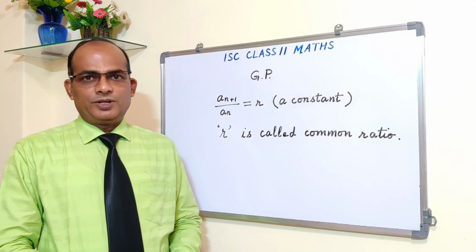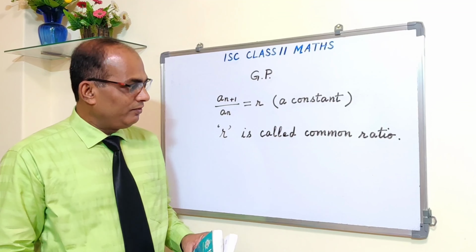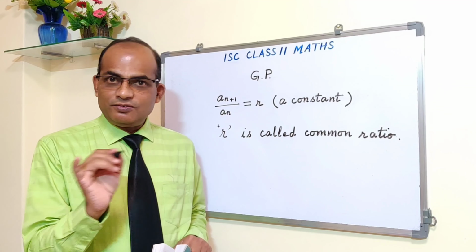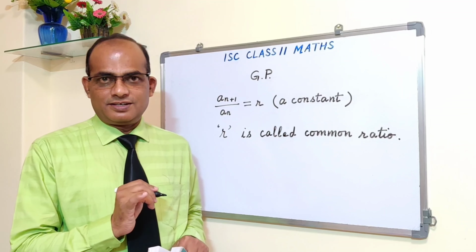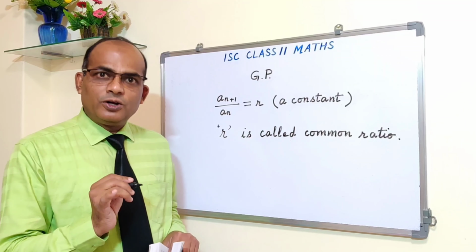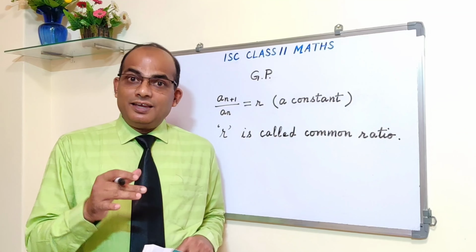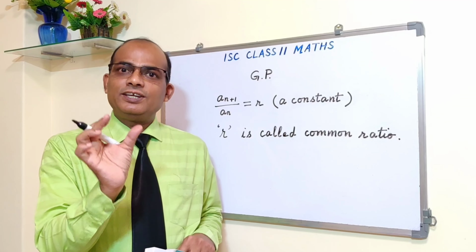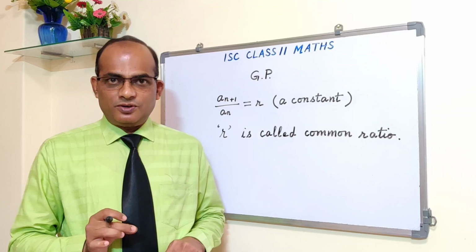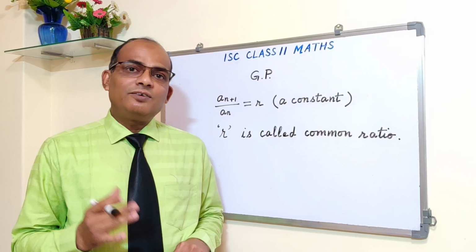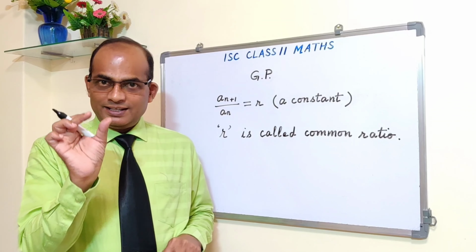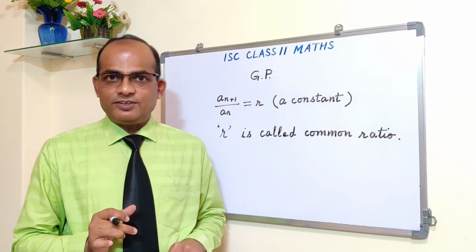In a sequence, if the difference between any two consecutive terms is a constant, then that sequence is an arithmetic progression, and that constant is called the common difference.